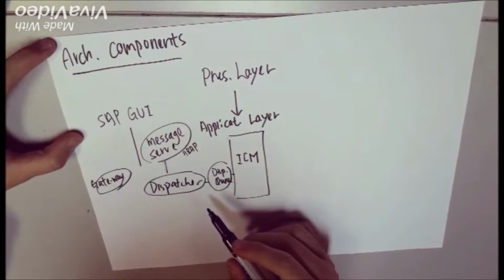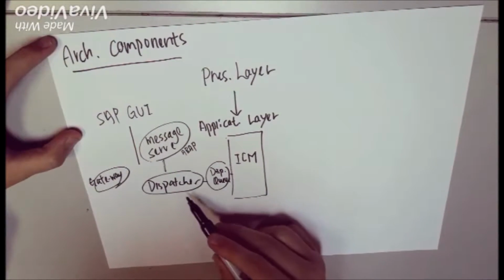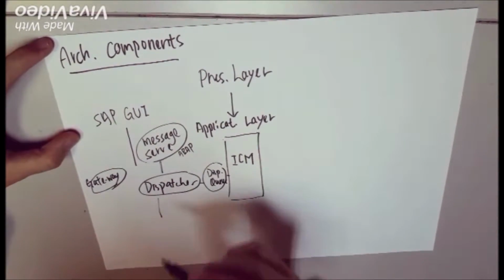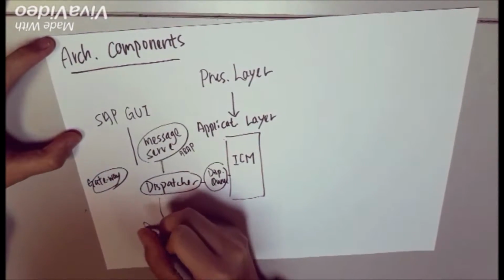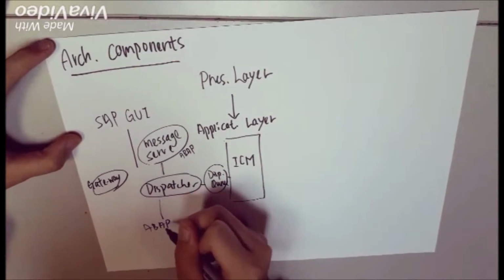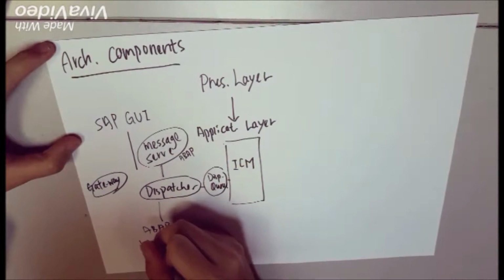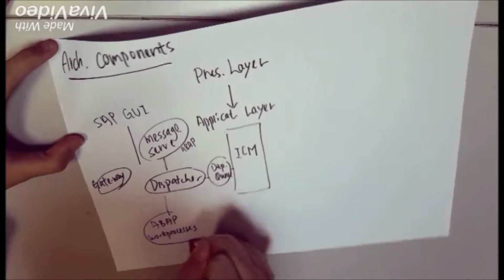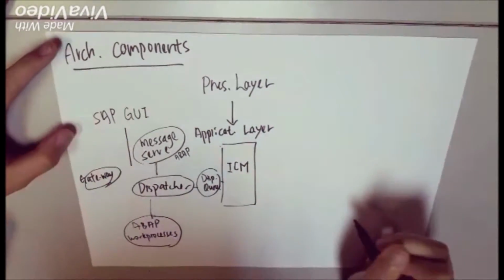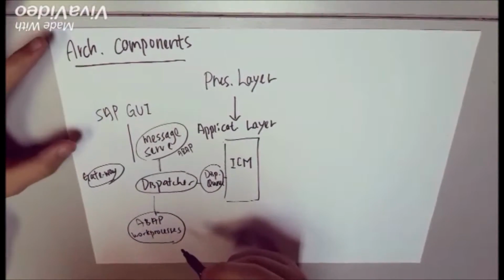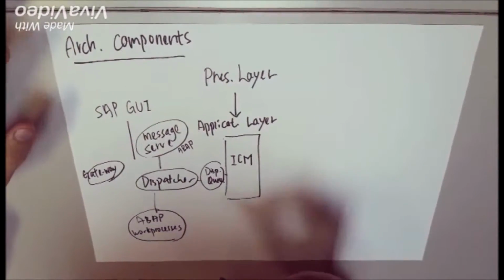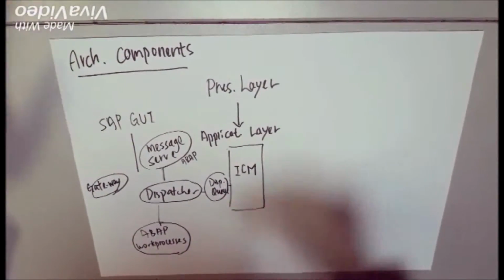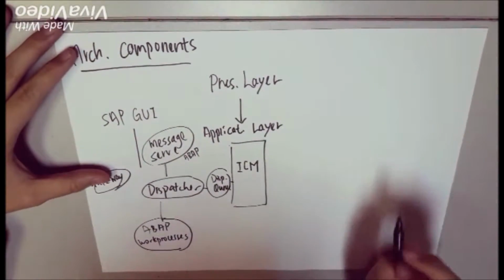What the dispatcher does is collect the requests and distribute them to the work processes for processing, which are the ABAP work processes that were mentioned just now. What ABAP does is separately execute dialog steps in the R3 application.